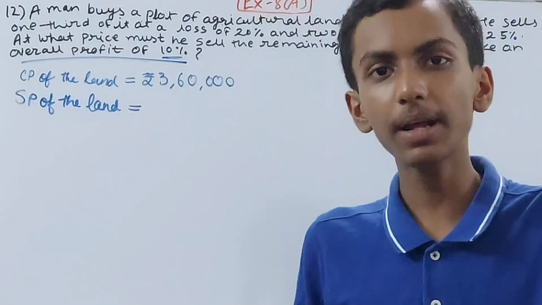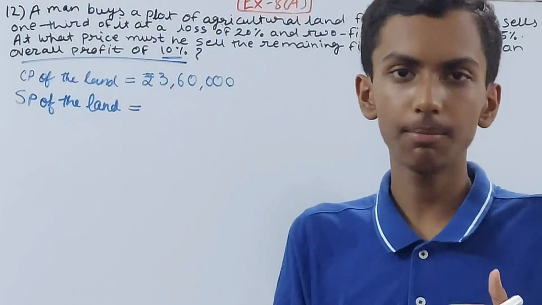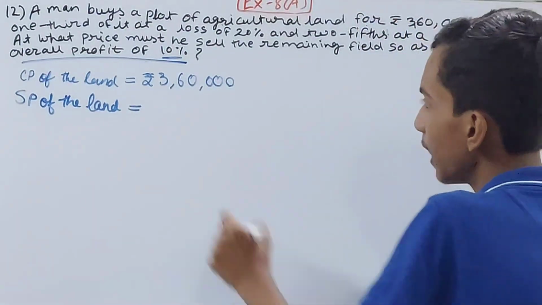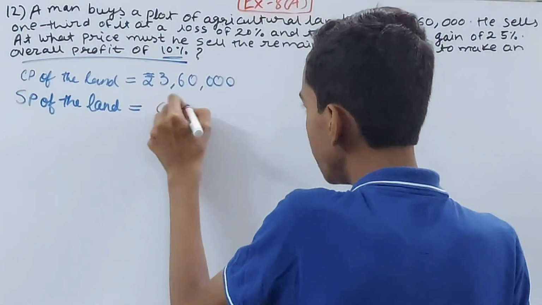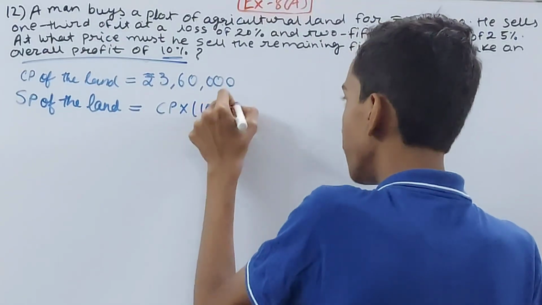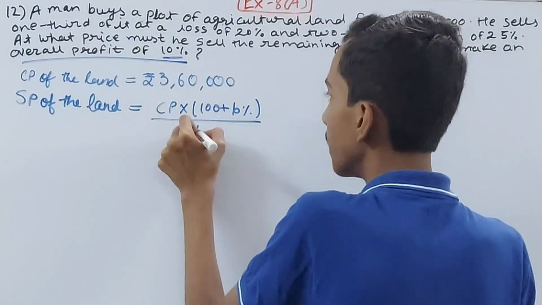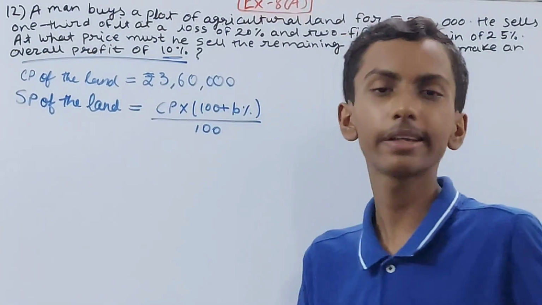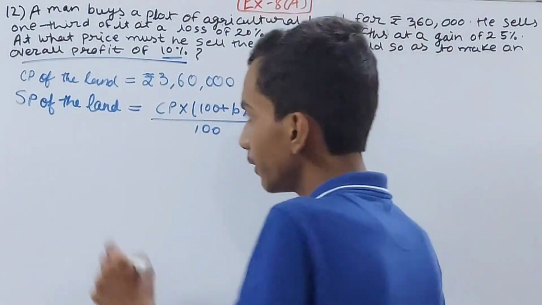That means his selling price should have the profit of 10%. So selling price we will calculate using the formula of CP into 100 plus profit percent upon 100. This formula we will use to calculate the selling price of the entire land.